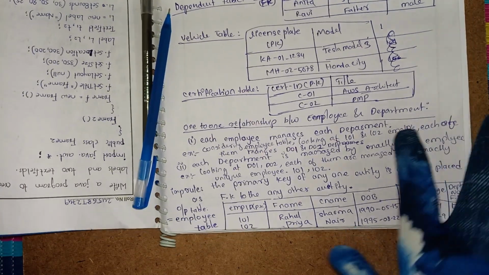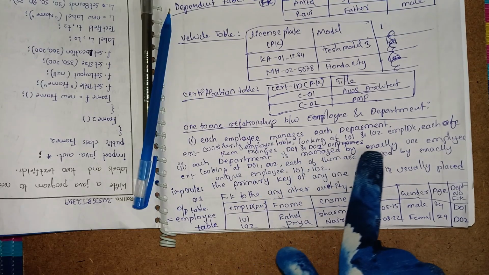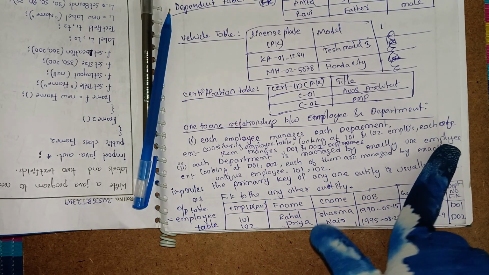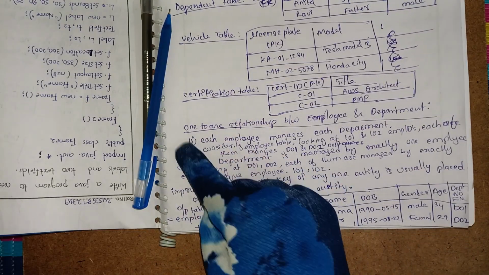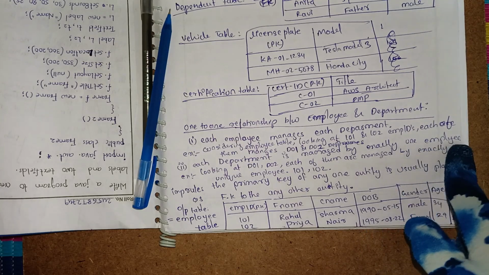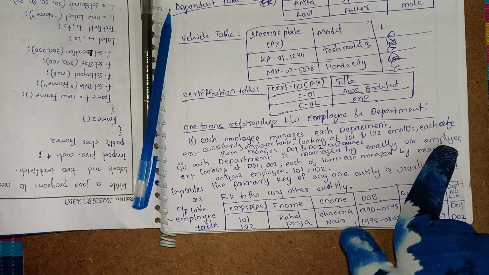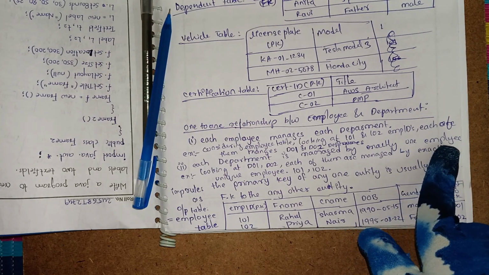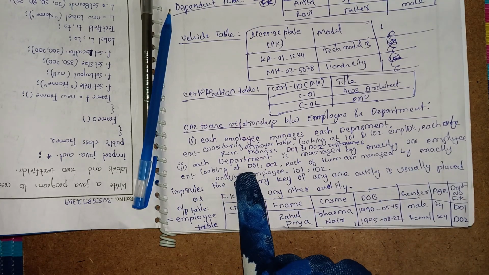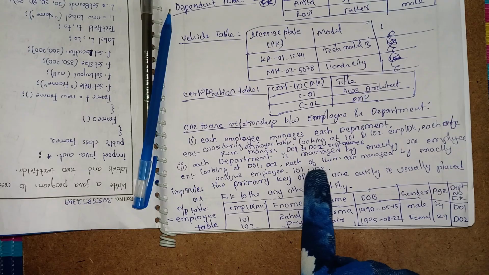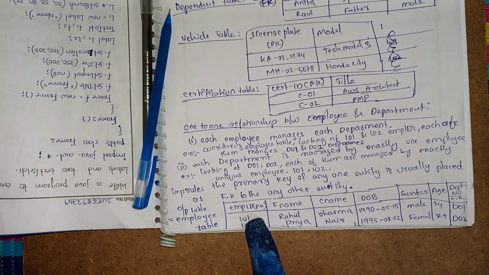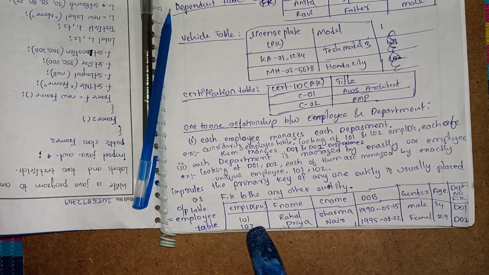Okay, and then each department is managed by exactly one employee. We are making a statement from right to left, that is, each department is managed by exactly one employee. So the example is D01 and D02, each of them managed by unique employees 101 and 102.